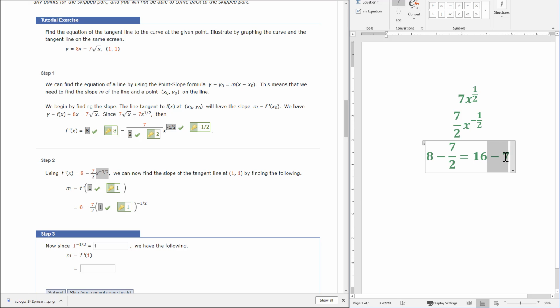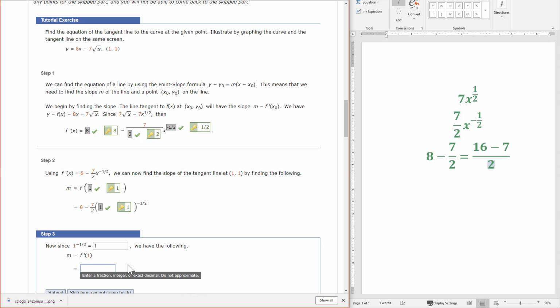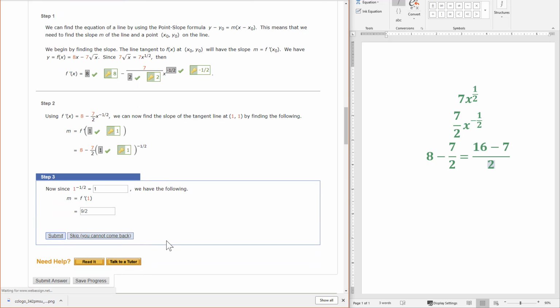I think I need to rewrite this a little bit. So 16 minus 7 divided by 2, and that's 9/2. So I think your slope here is going to be 9/2.